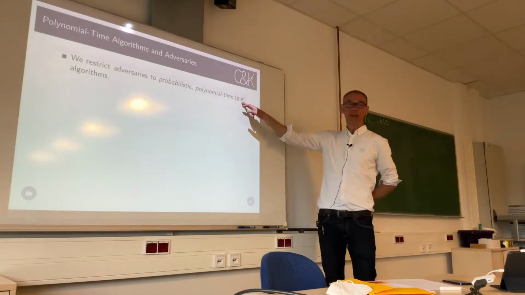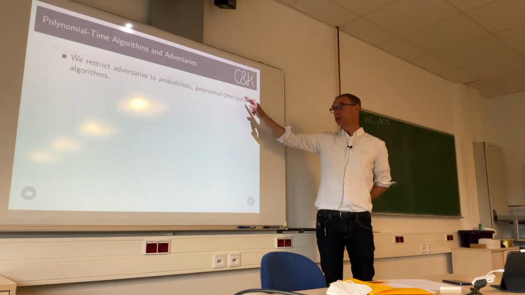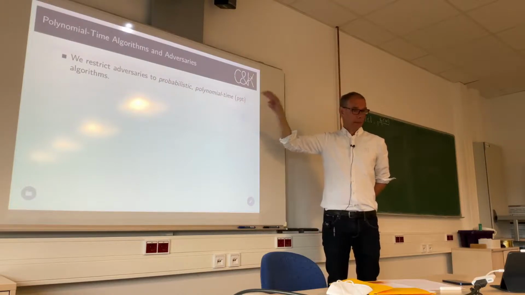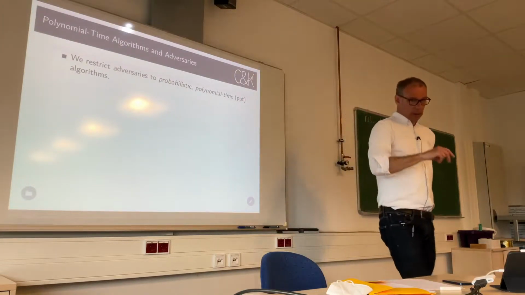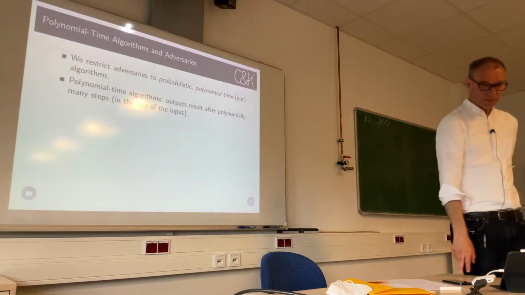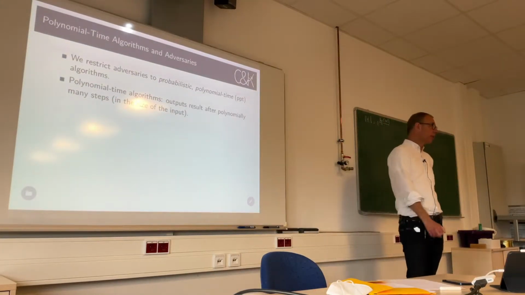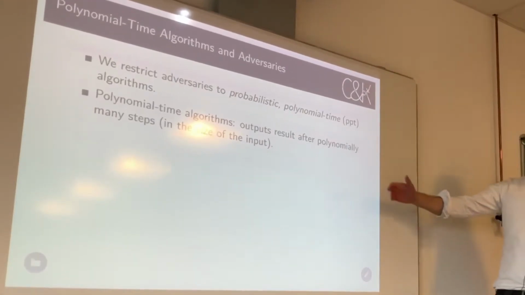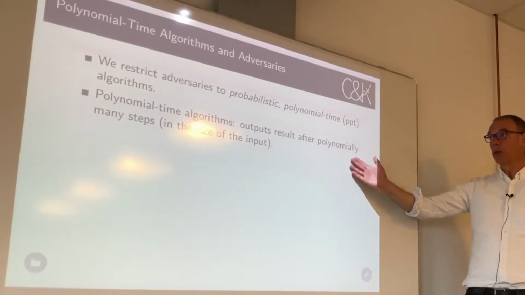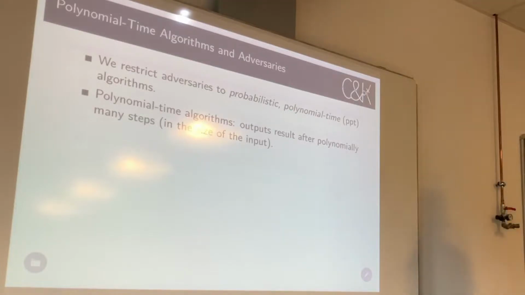And I abbreviate that by PPT, probabilistic polynomial time. So polynomial time algorithms, what is that? That simply means that the algorithm outputs a result after polynomially many steps in the size of the input.